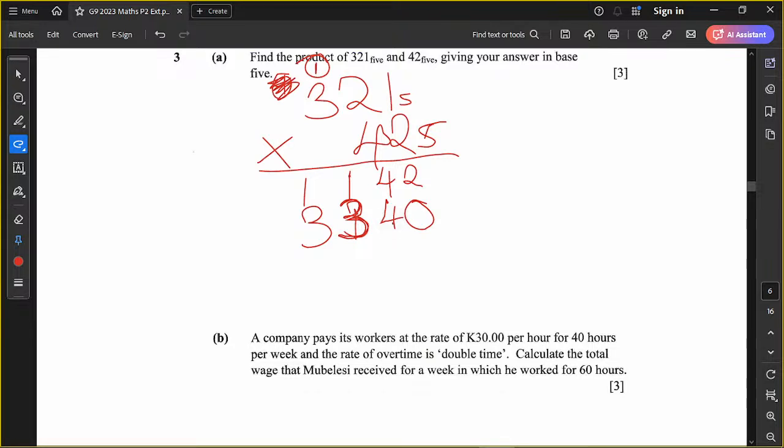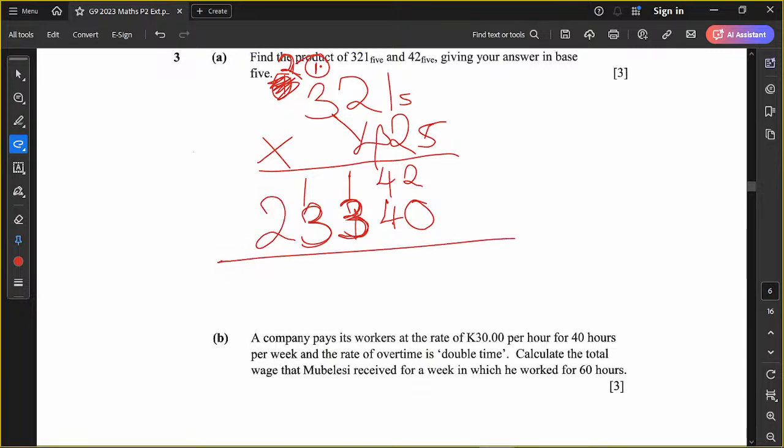This one gave me 12 plus 1 on top, 13. How many times will 5 go into 13? It will go 2 times, remainder 3. Okay, so the 2 is here. 3 is the one I wrote here. Then I say, is there any number I can multiply? No, so I drop down like that.